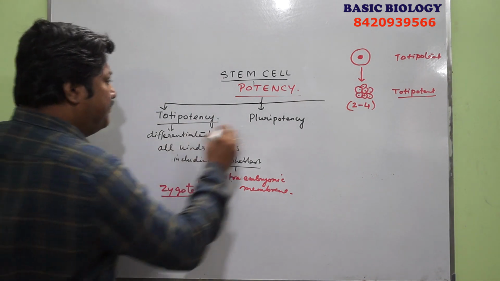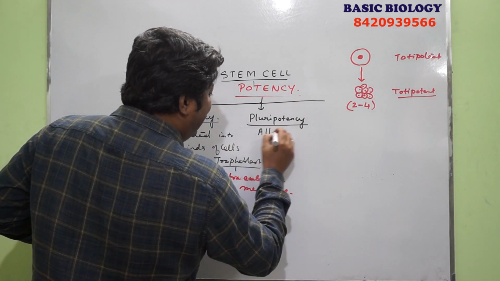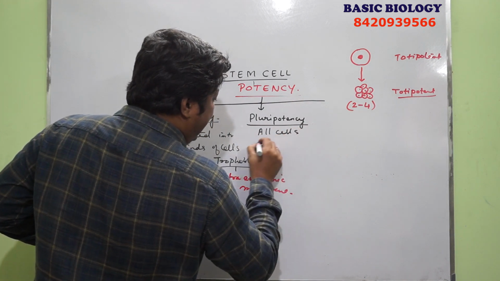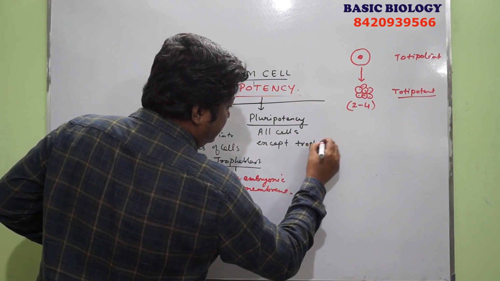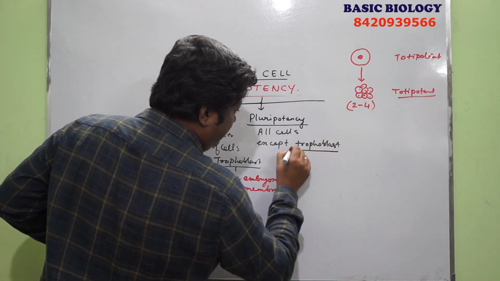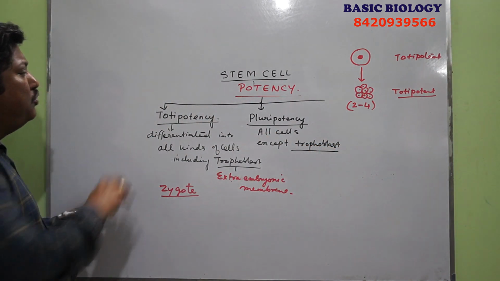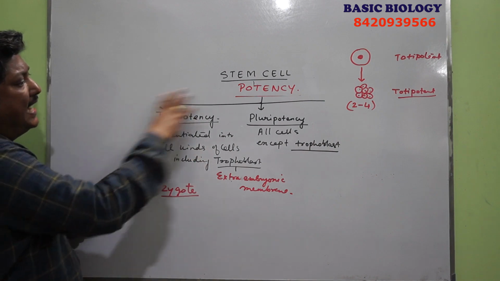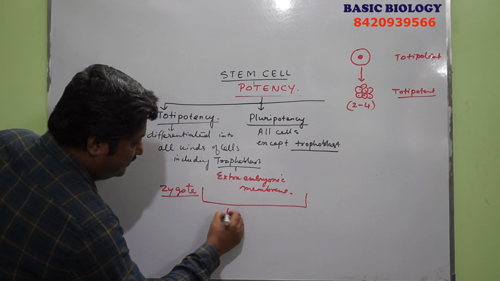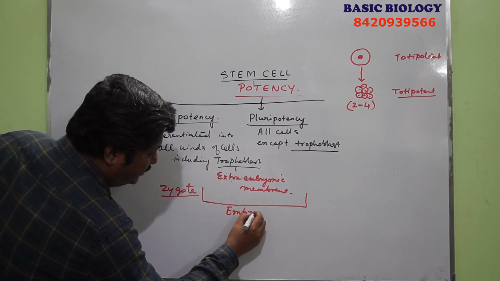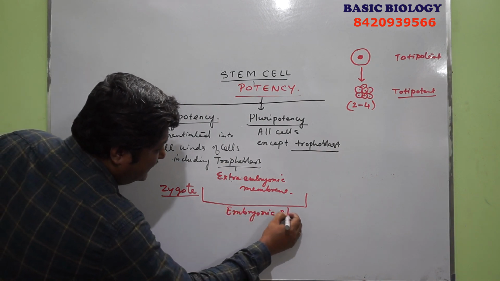So that means all cells except trophoblast. And these two types of cells, the totipotent and pluripotent, are present in the embryo. That's why they are known as embryonic stem cells.